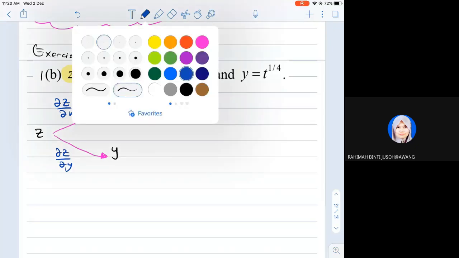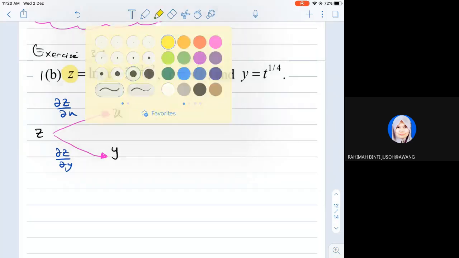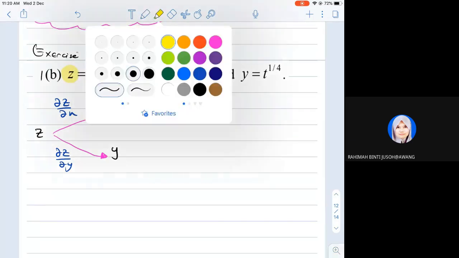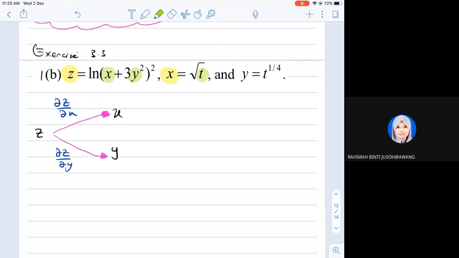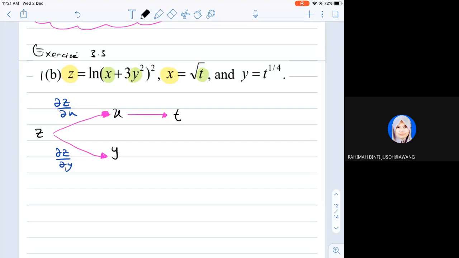Next, the second equation, okay guys, we have X. So X consists of variable T. Okay, so in this case, we only have one branch, because X only consists of one variable, which is T. So satu cabang je macam tu.